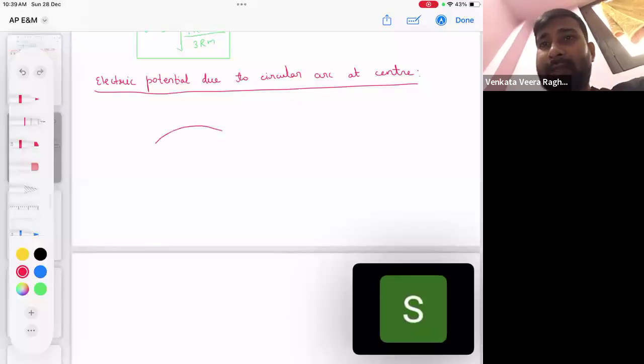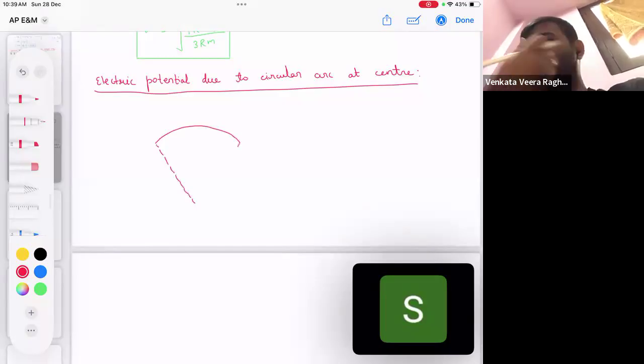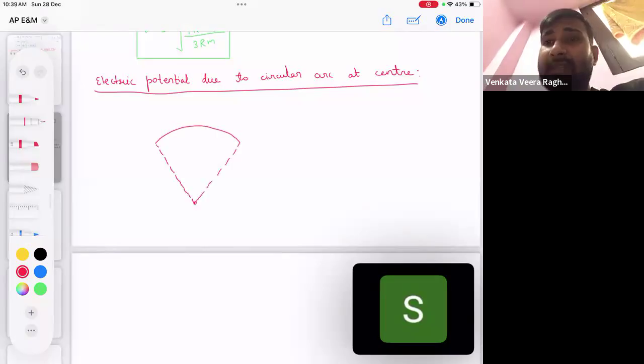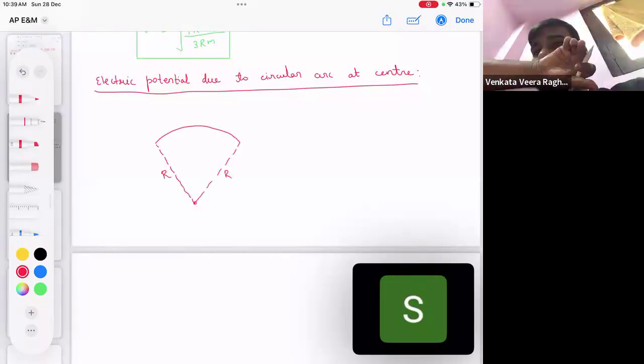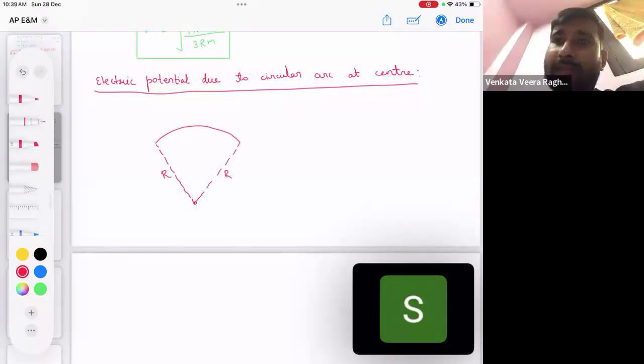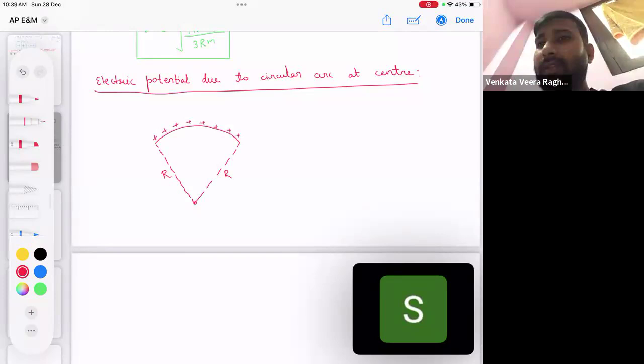So if I say this is a circular arc and this is the center at which we want to calculate the potential, let's say the arc has radius R, and it has uniform charge distribution. Will it be better if I give you the linear charge density lambda?